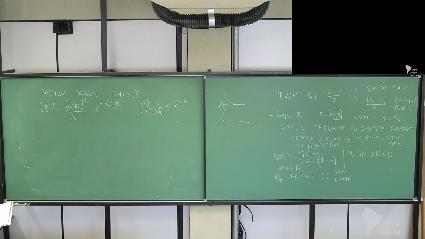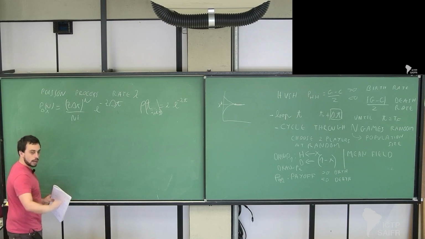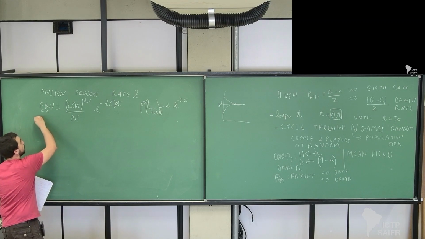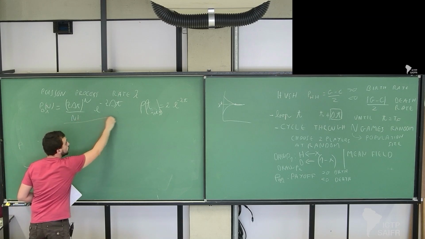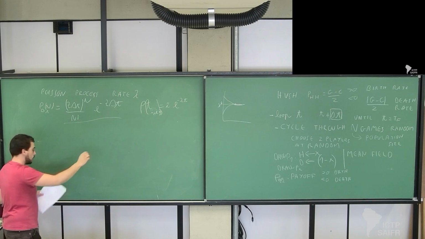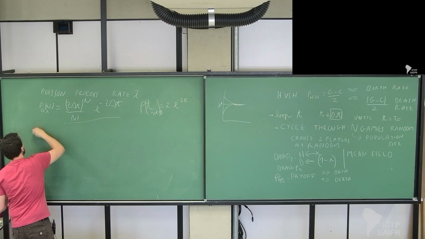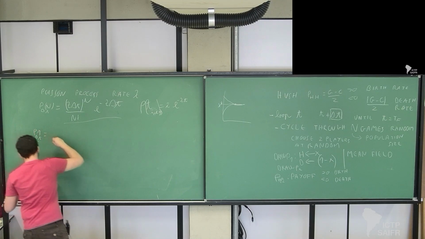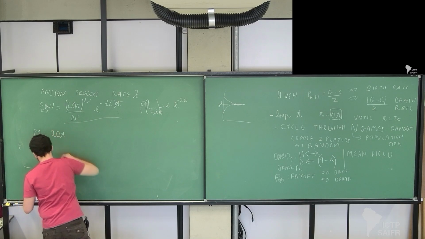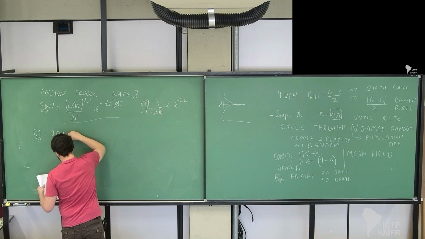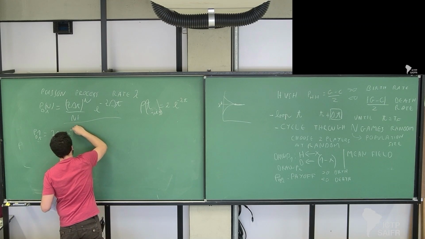But okay, stick with me for one more second. Let's say that the probability of having any event in delta t is given by this Poisson distribution. Now, the probability of having one event in delta t is going to be given by lambda delta t times e to the minus lambda delta t.